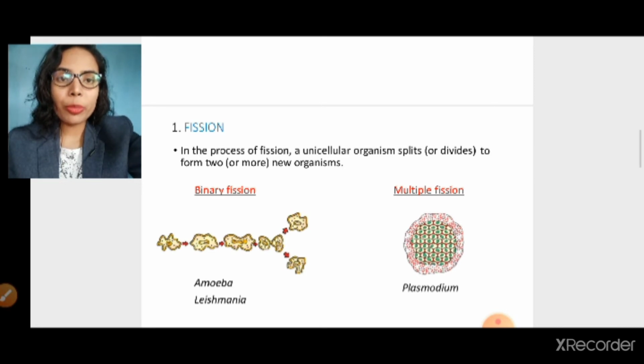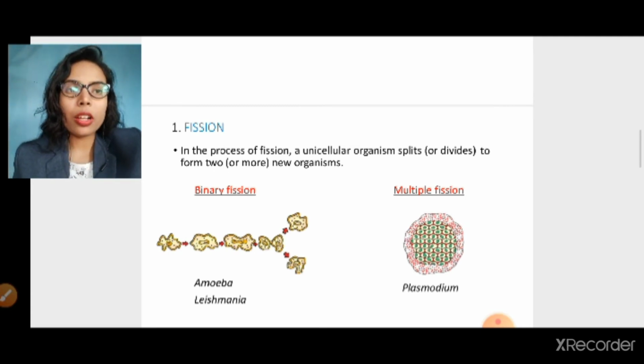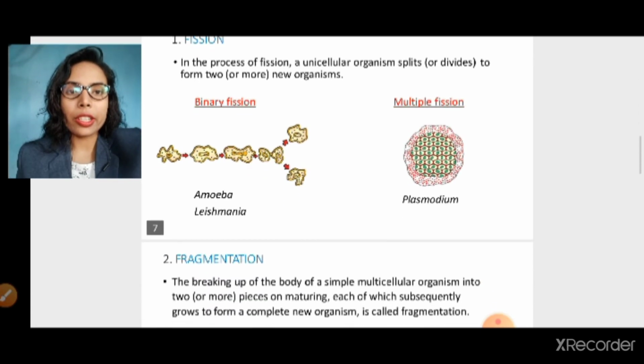You see in the picture, in amoeba the parent cell divides into two daughter cells and forms new offspring by binary fission. In multiple fission, plasmodium is an example. Here, yellow and green color denote multiple fission and multiple plasmodia are generated.